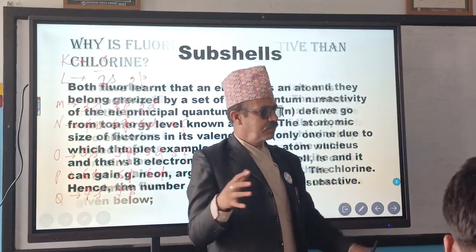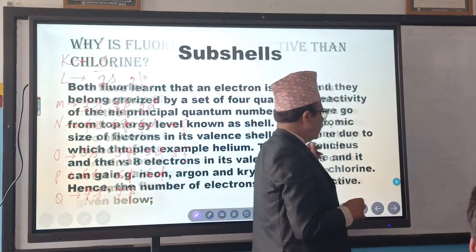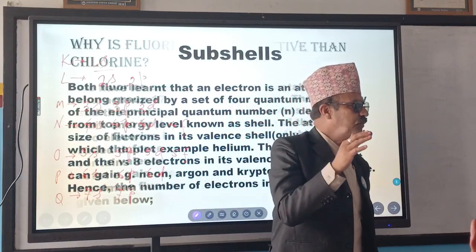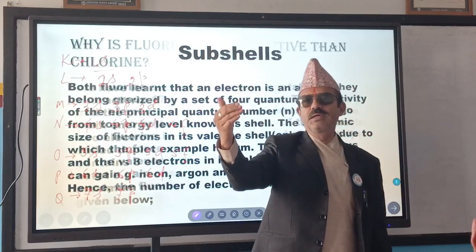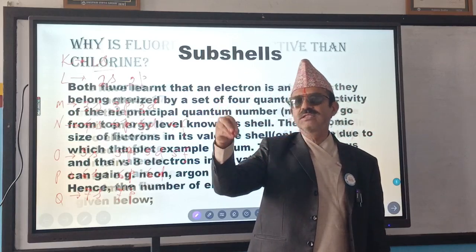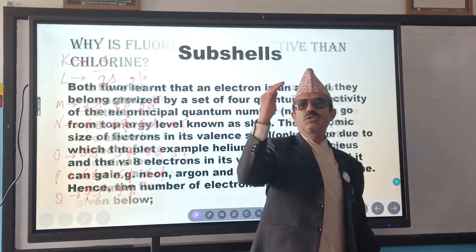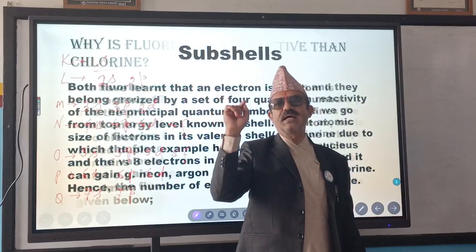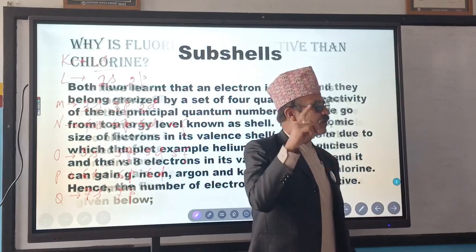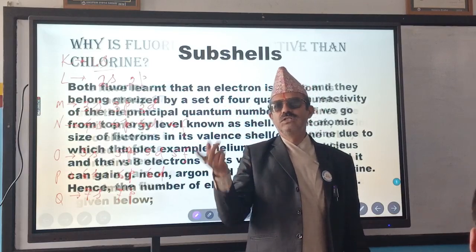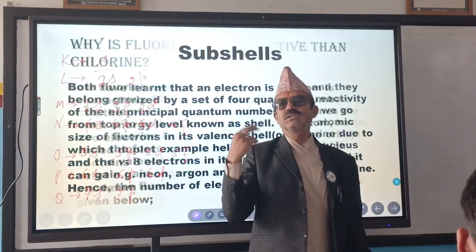What is P block? Make the concept clear. In S block element, do you know valence electron? Electron present in the outermost orbit is called valence electron. So, in S block, the outermost subshell is S. P block outermost subshell is P. D block outermost is D. F block outermost is F.